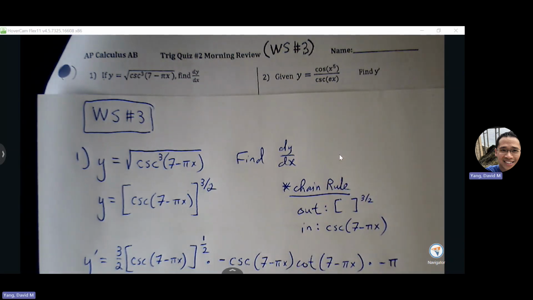So number two, we have cosine of x to the fifth divided by cosecant of x. Define the derivative. What's involved here? Quotient rule.